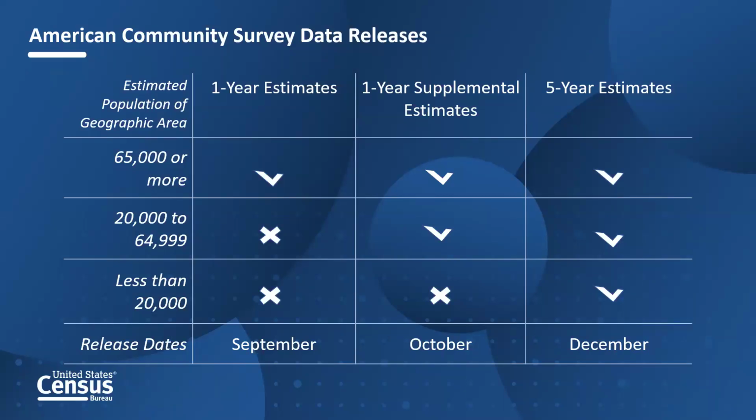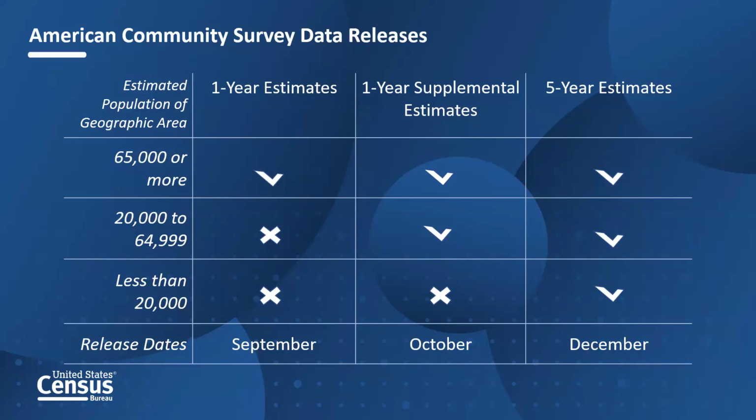Now, the 1-year estimates collect 12 months of data because it's conducted annually. It is more recent and very useful for geographies with rapidly changing characteristics, whereas the 5-year estimates collect a total of 60 months, which means it's less current. And because of the longer period of collection time, it also has smaller margins of error.